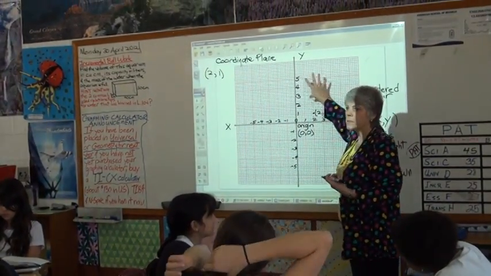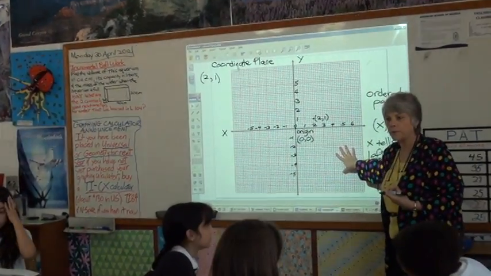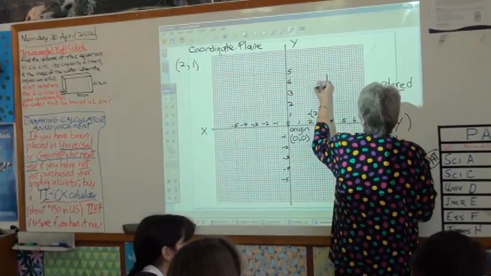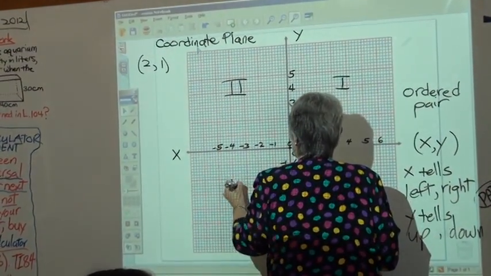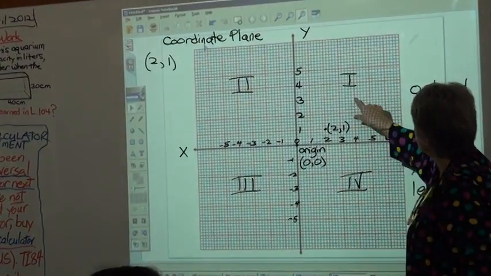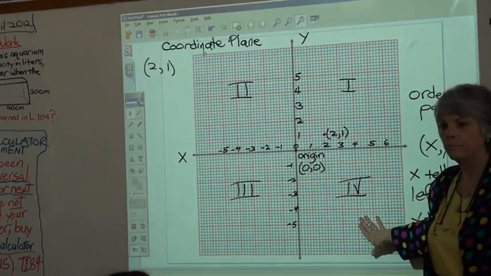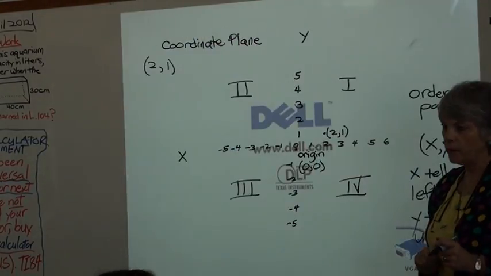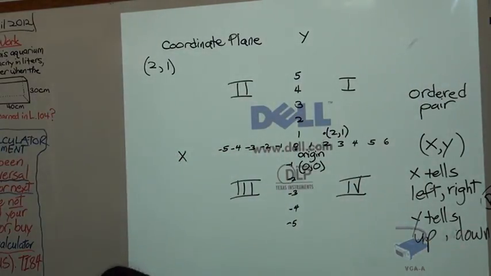So the quadrants are going to be dividing this coordinate plane into fourths. And we always start here and go around counterclockwise, and they always use Roman numerals, I'm not sure why. But quadrant 1, quadrant 2, quadrant 3, quadrant 4. Okay, everybody with me so far? Yes. Okay. And our timing keeps going off on this.